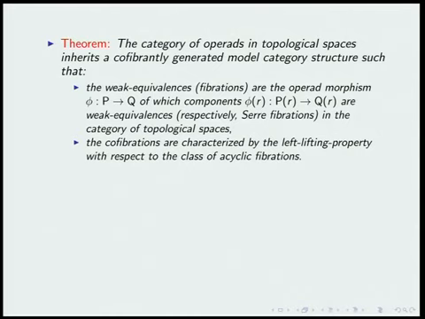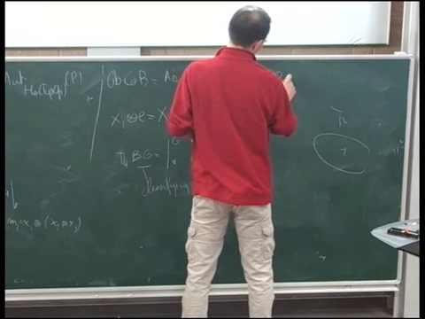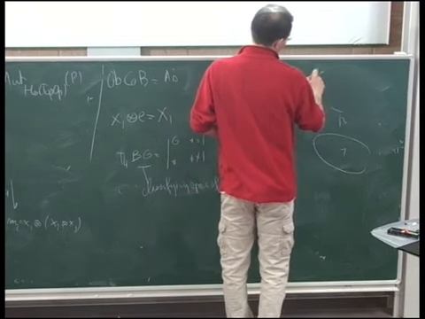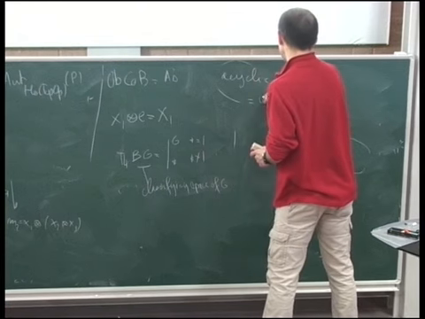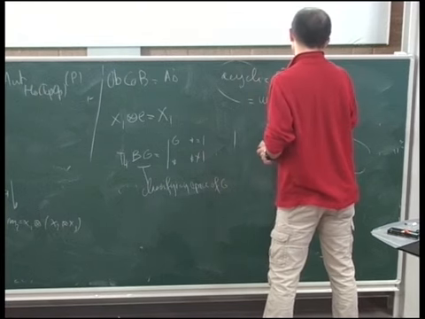To recall what it means, the class of acyclic fibrations is the class of morphisms which are both equivalences and fibrations.